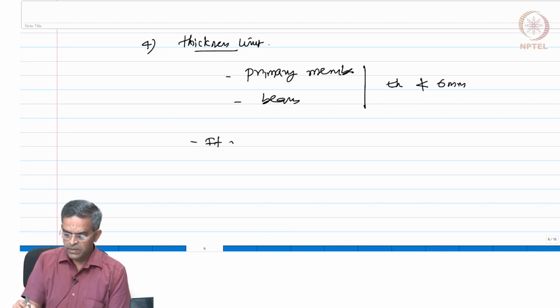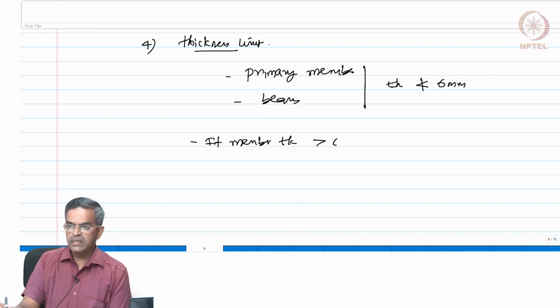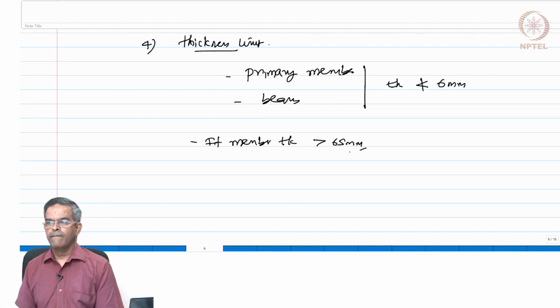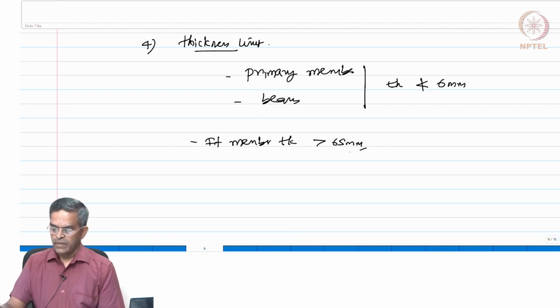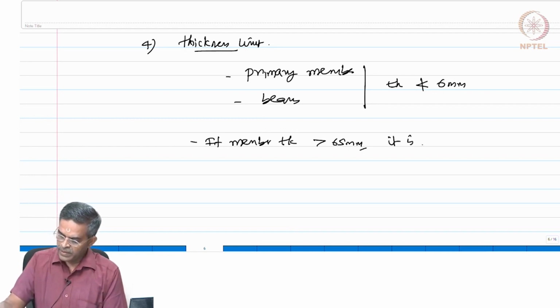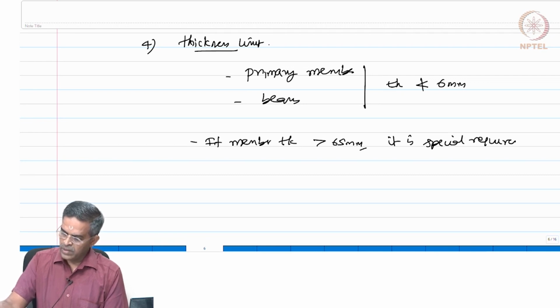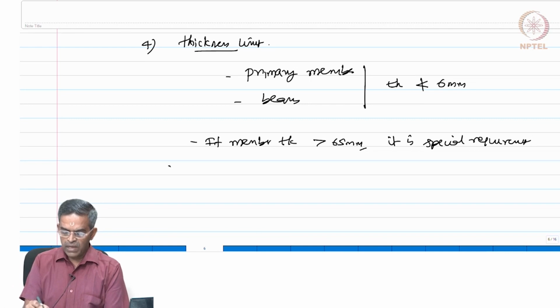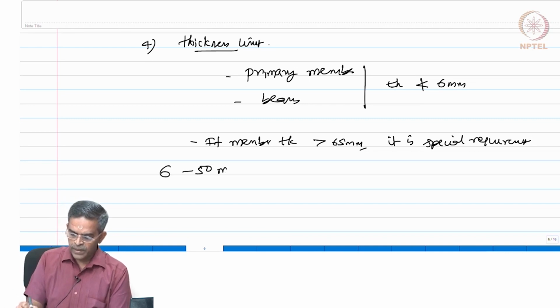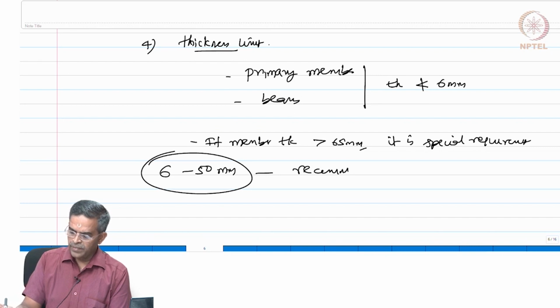If the member thickness exceeds 65 mm, then it is a special requirement. So, that is the upper limit we have. So, anywhere from 6 to 50 mm is the recommended thickness of the members.